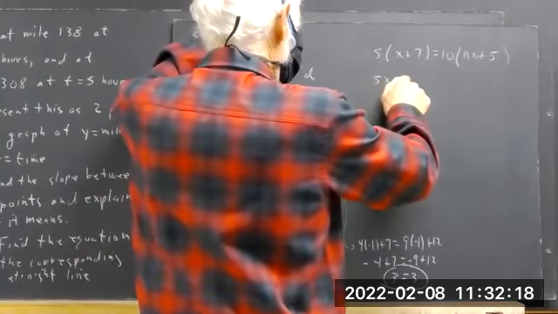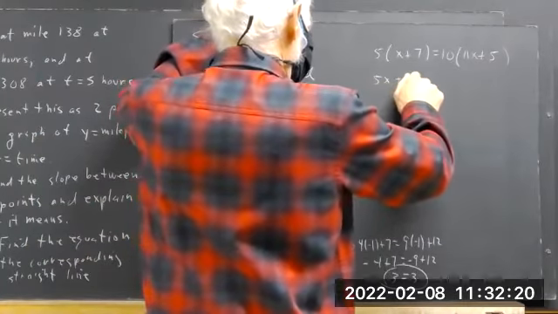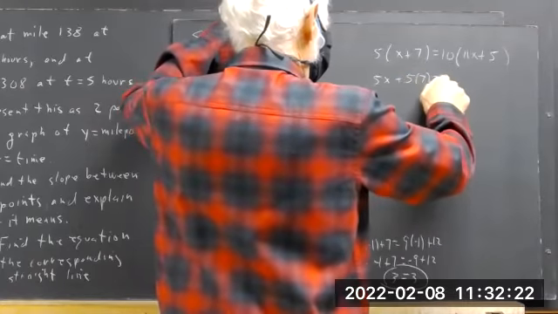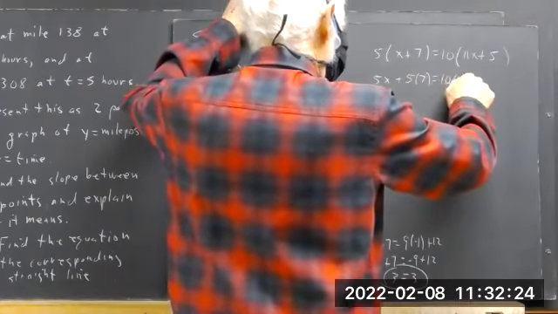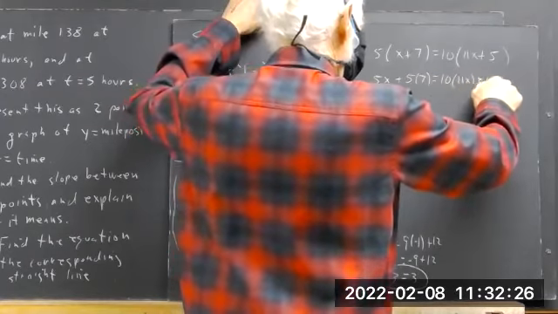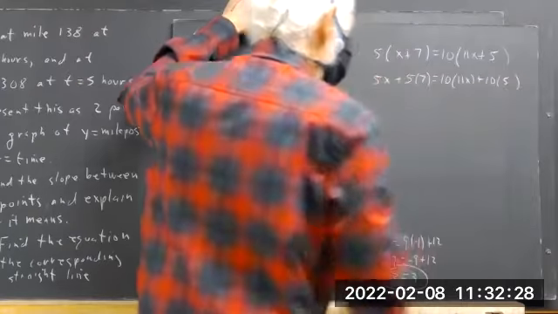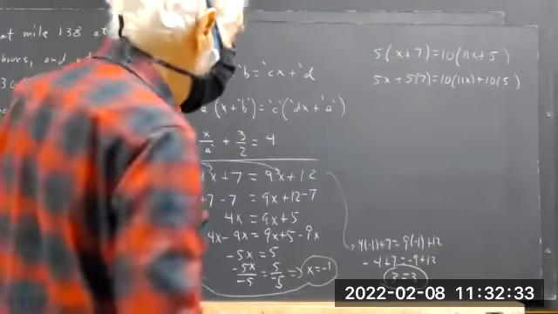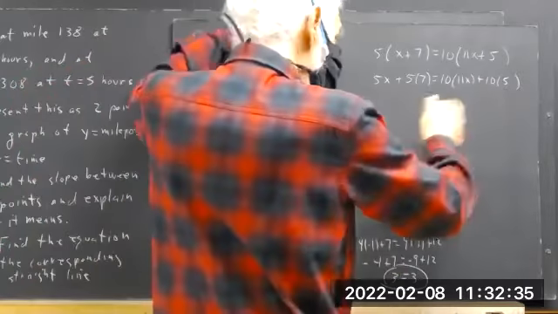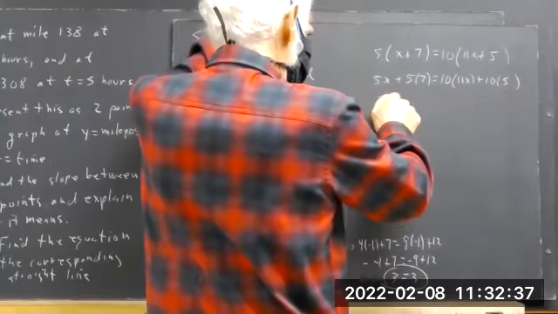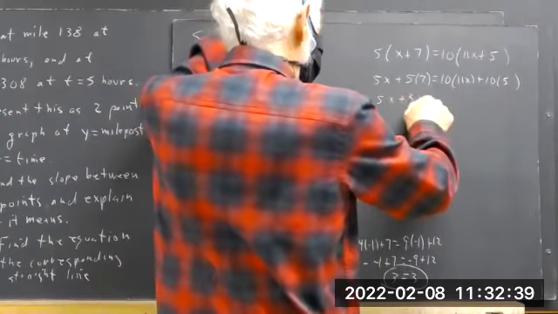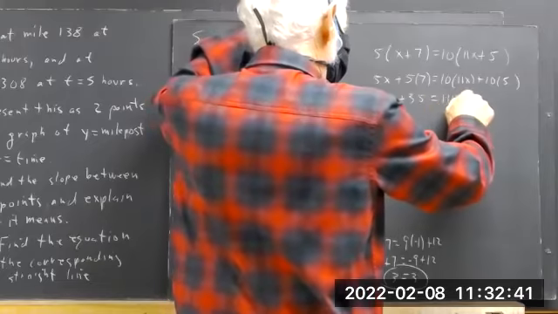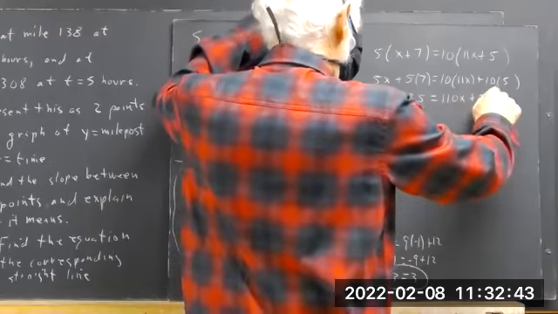That means we get 5 times x plus 5 times 7, which equals 10 times 11x plus 10 times 5. Okay. That gives us 5x plus 35 equals 110x plus 50.